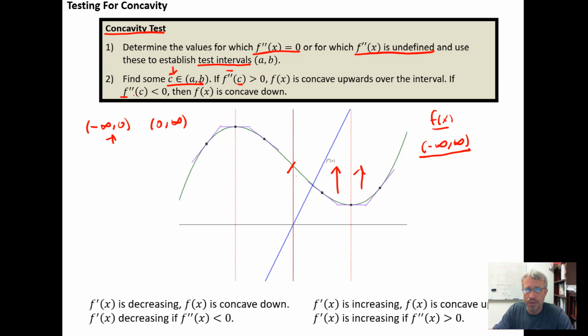If the second derivative is negative at your test value you pick in the interval, then you know the graph is concave down. So in the subsequent videos that we do, we'll use the concavity test to test for the concavity of a function over open intervals that we find by setting the second derivative equal to 0 or finding when the second derivative is undefined.